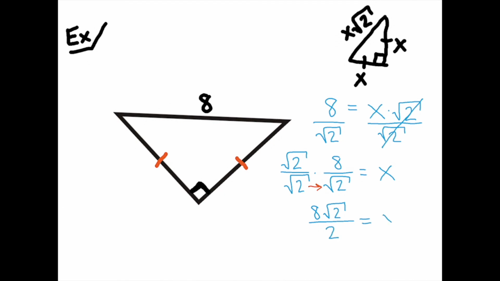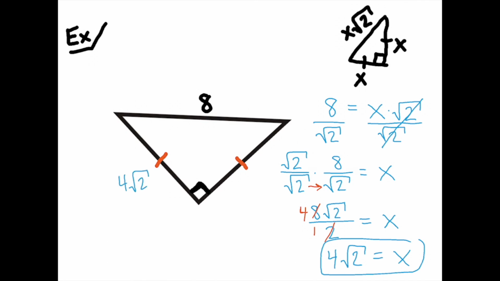So x is equal to 8 root 2 over 2, but I can simplify this fraction. I'm going to get a 4 on the top, dividing the bottom by 2 as well. I'm left with x is equal to 4 root 2. Which means this side is 4 root 2, and same with this leg. And I have found all of the sides.